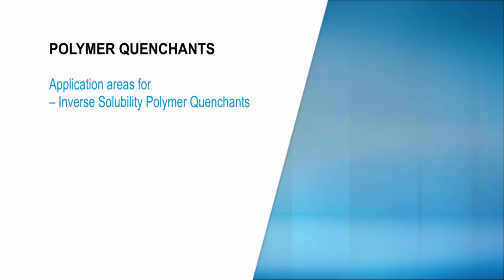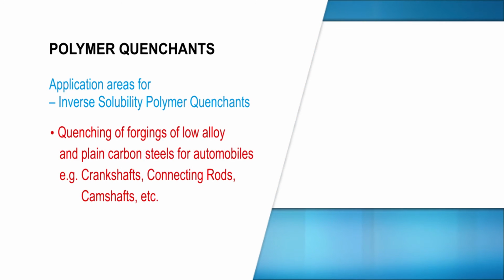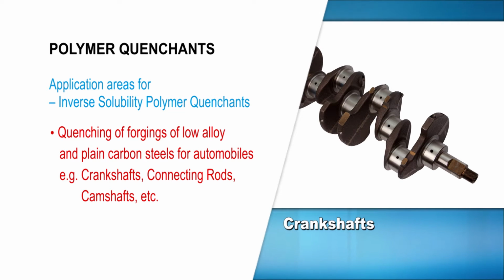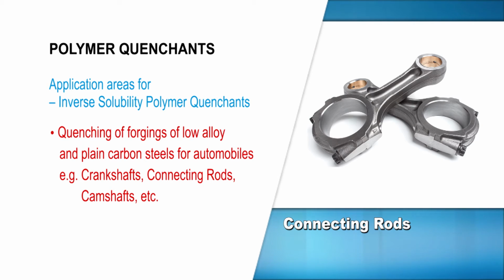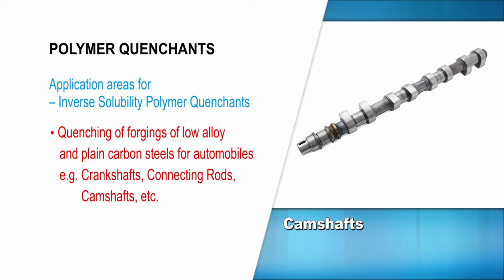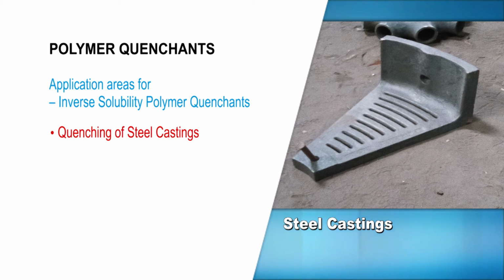Inverse solubility polymer quenchants can be used for a wide range of applications. Quenching of forgings of low alloy and plain carbon steels for automobiles, for example, crankshafts, connecting rods, camshafts, etc. Quenching of steel castings.